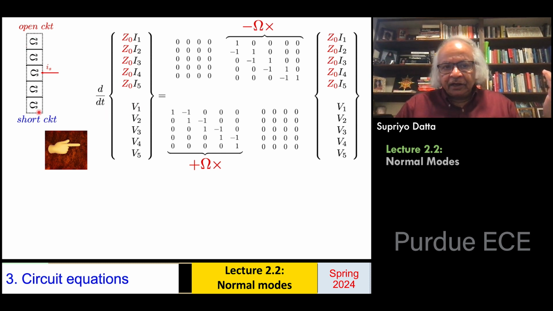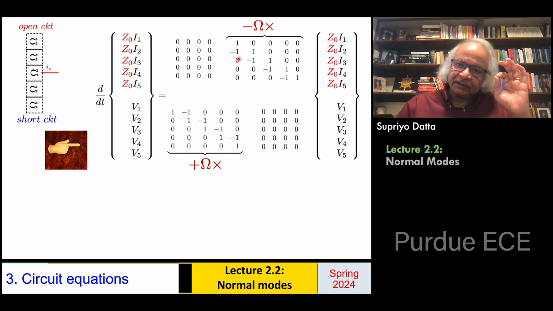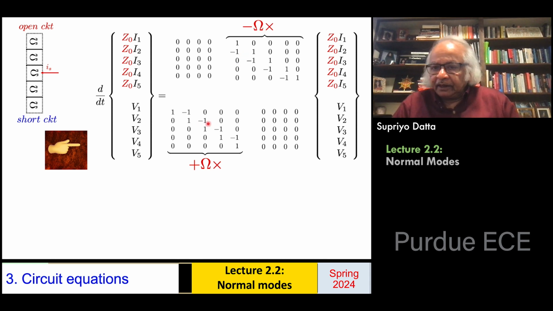And if you have, say, a unit with 5 oscillators strung together, then you have 5 currents, 5 voltages, and after scaling them properly, you have a set of 10 equations, and this block is 0, that block is 0, whereas here you have a block which is minus omega times this matrix, here it's plus omega times a similar looking matrix, but a little different in the sense the diagonal elements are the same, but one has a lower diagonal while the other has an upper diagonal.